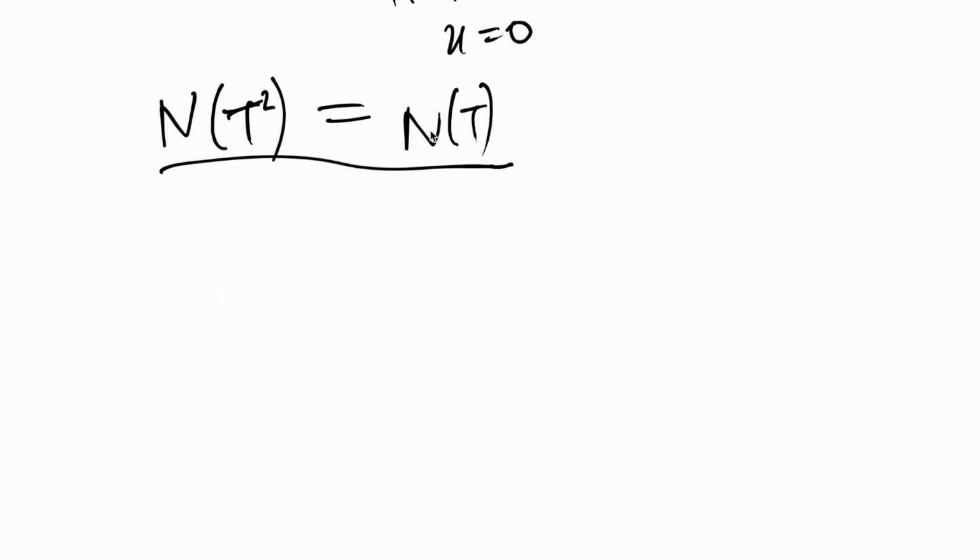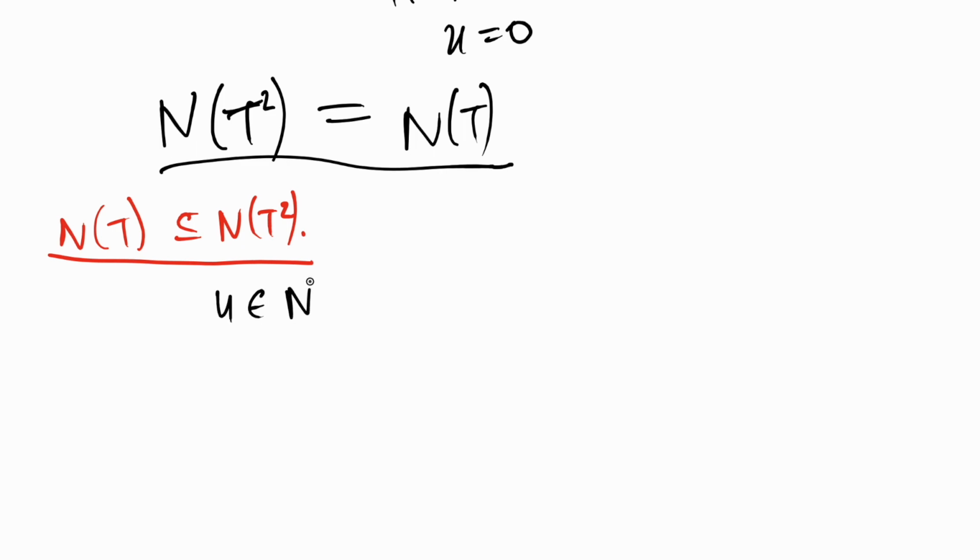So first we're going to show that NT is a subset of NT2, and then we're going to show that NT2 is a subset of NT, and then with both of those things shown, we have that NT2 is equal to the null space of T. So assume that U is some element in the null space of T. Now this means that T of U is equal to 0, and also U is in V, right?